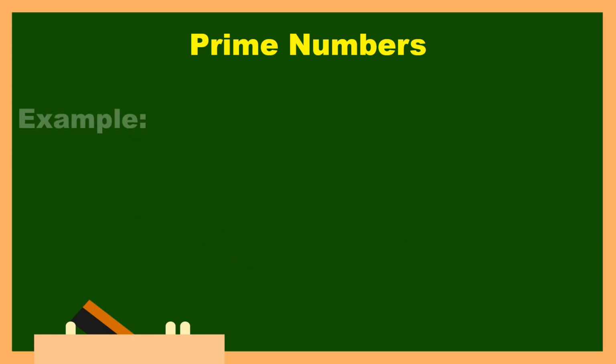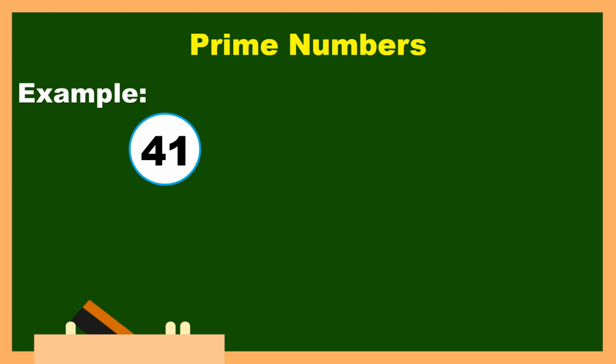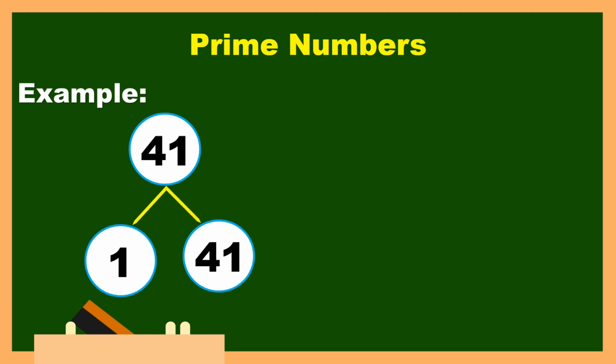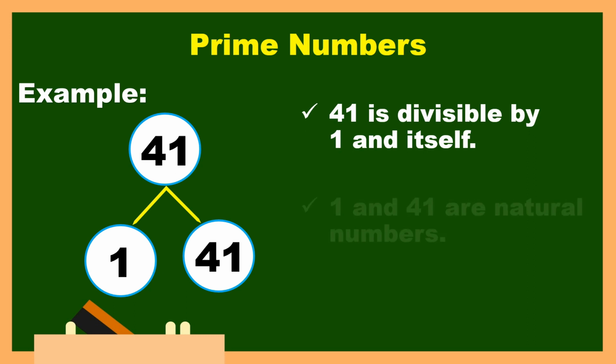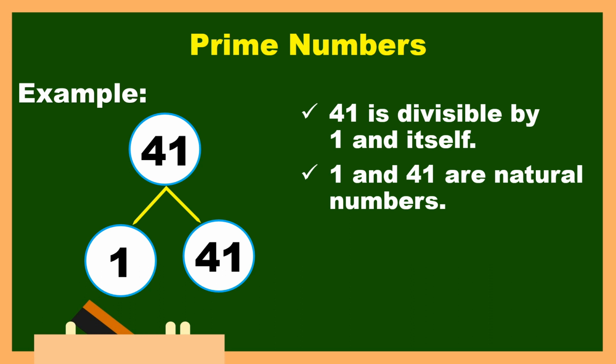Another example is 41. 41 has only factors of 1 and 41. Kasi when we multiply 1 to 41, the answer is 41. So, 41 is divisible by 1 and itself. Si 41 mismo. 1 and 41 are also natural numbers. That is why 41 is a prime number.